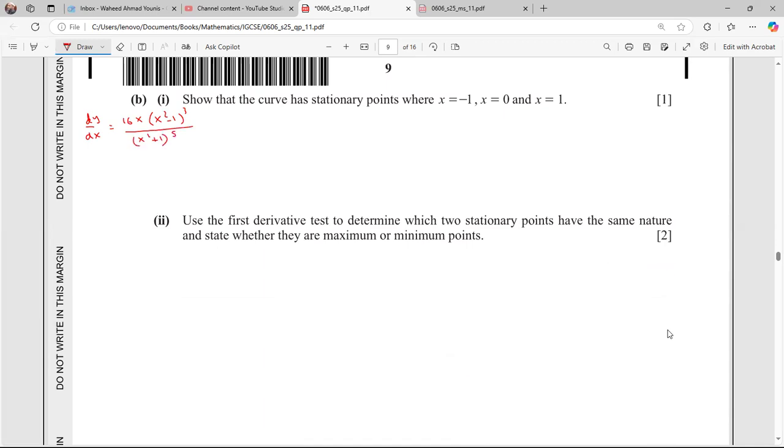In order to find the stationary point, I need to put this thing equal to 0. Now you can see that when I make it equal to 0, this denominator has no impact. The denominator will not make it 0. So this is 0 only when x is 0 or x square minus 1 is 0.